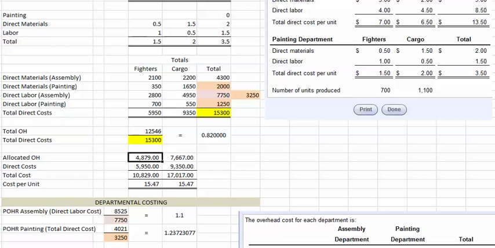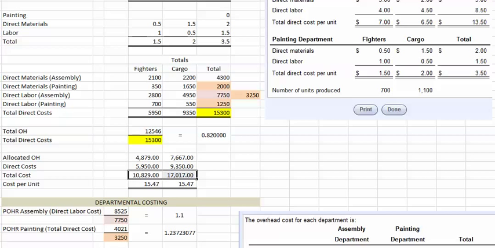of $4,879. For the overhead that we allocate to the cargo planes, we'll take the 82 cents times 9,350 in total direct costs. Once we've allocated overhead, we need to pick up the actual direct costs, which were $5,950 and $9,350.